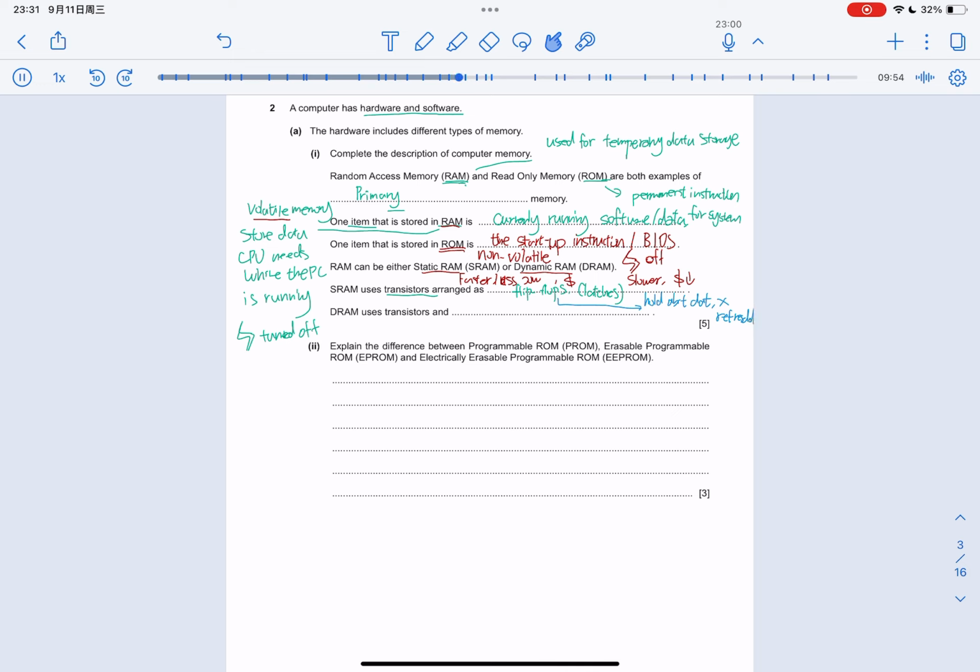So that's one of the reasons that SRAM is faster than DRAM, because for DRAM, you need to refresh constantly. Okay. DRAM uses a transistor and a capacitor.